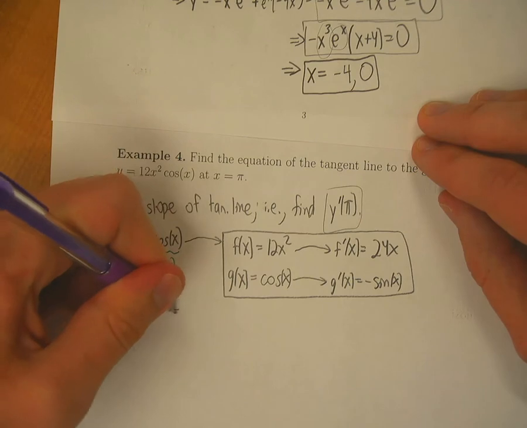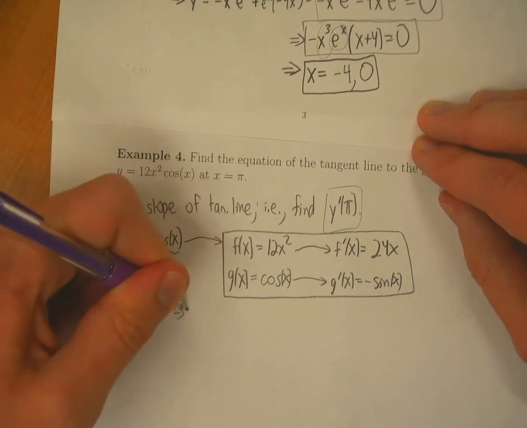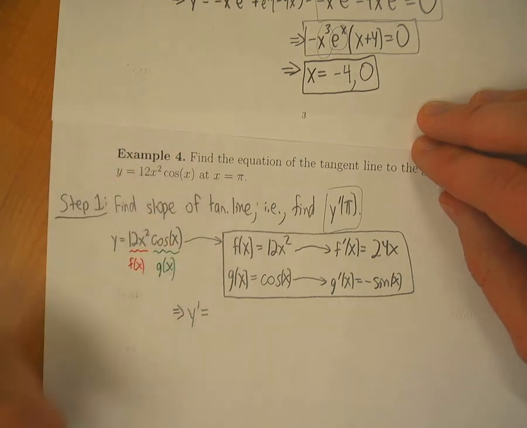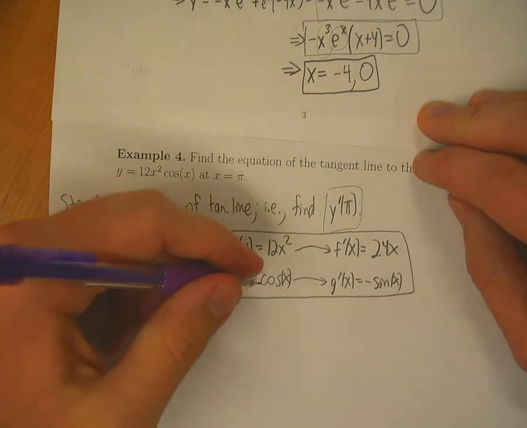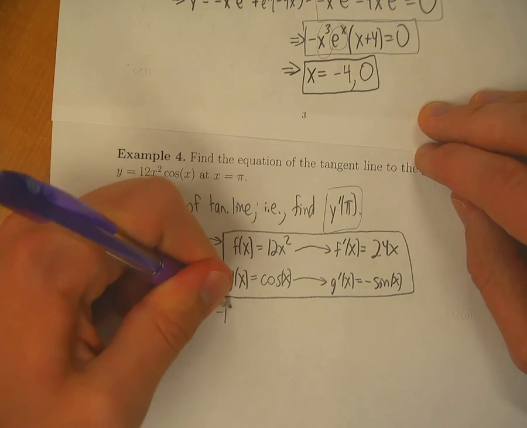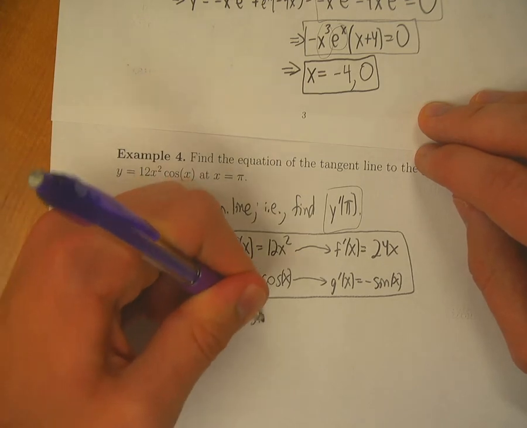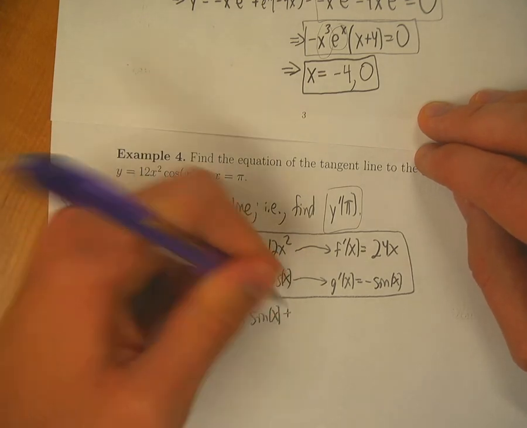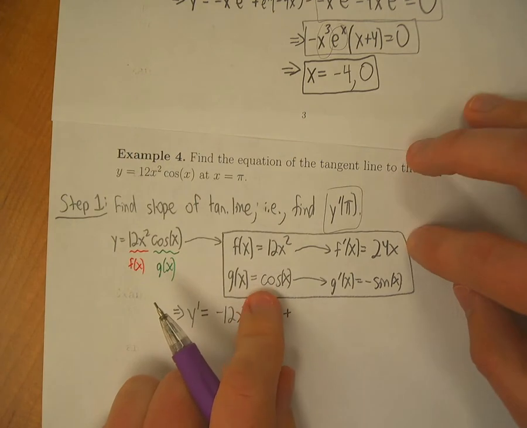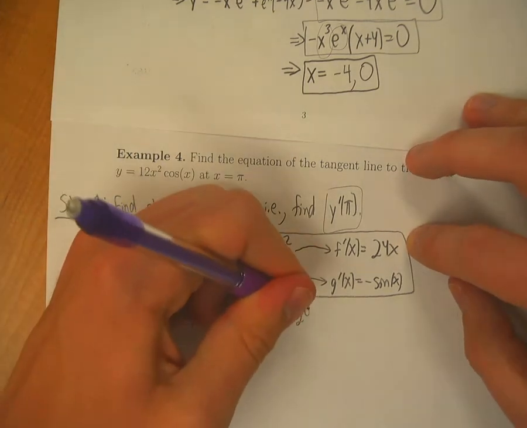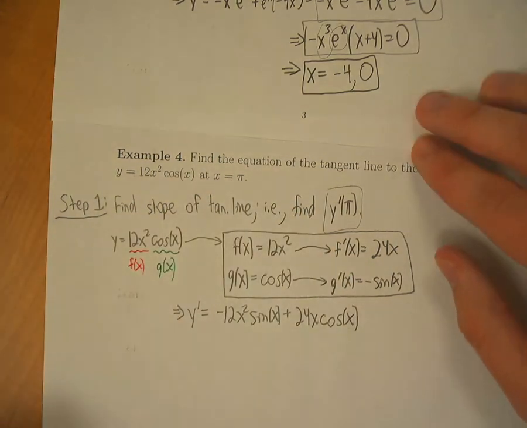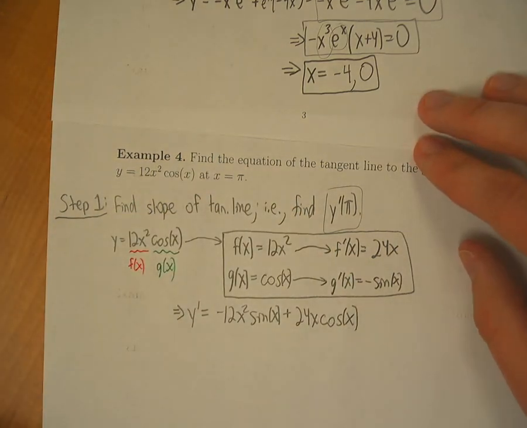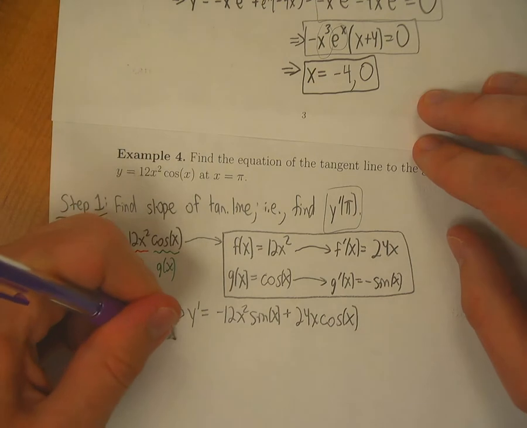So then the product rule yields that the derivative is ultimately f times g prime, so in this case negative 12x squared times sine of x, plus f prime times g, so 24x times cosine of x. So that's our derivative, so nothing too crazy with that.